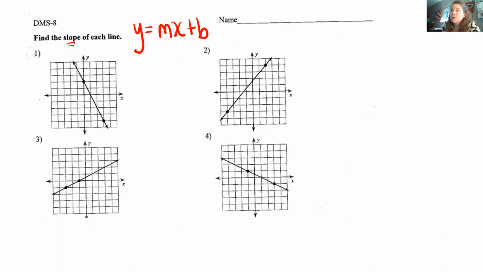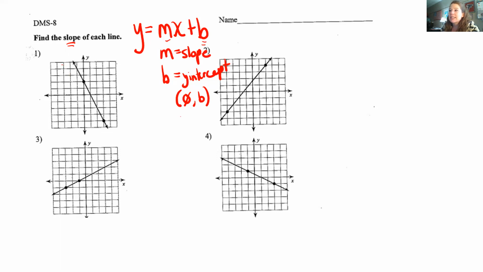But that number being multiplied by x is always called the slope. It's always represented by the letter m, I guess because an s looks so much like a 5. And then b is always the y-intercept. That's what the y value is when the x value is 0, okay? So the m is the slope and the b is the y-intercept.